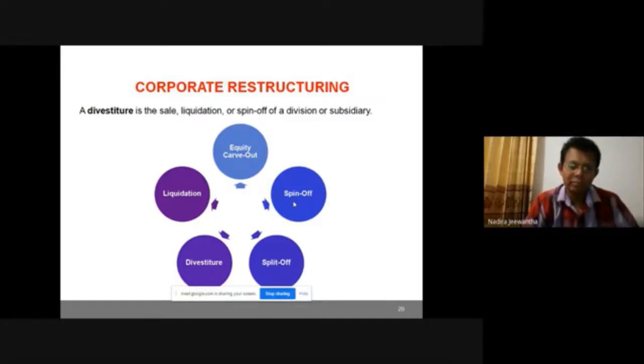So basically, by investing in a company, you expect that. But when the company started to incur losses, you don't have it. So then what do you do? One thing is simple, you have to bring capital.